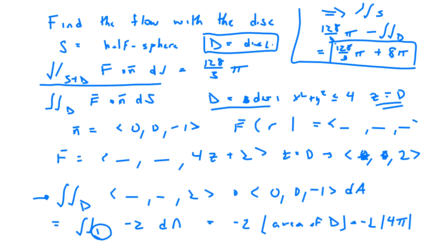So imagine a half sphere above the table, and we want the flow out of the half sphere. So when we close it with the bottom, we're pointing straight down. So here's what we have. I can't draw the spheres very well. There's our sphere.